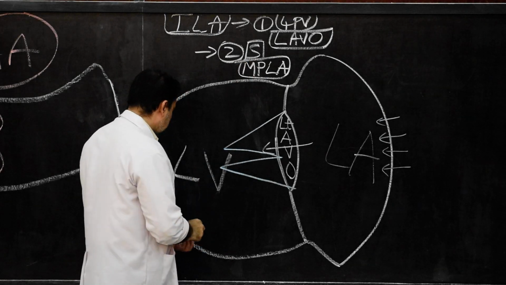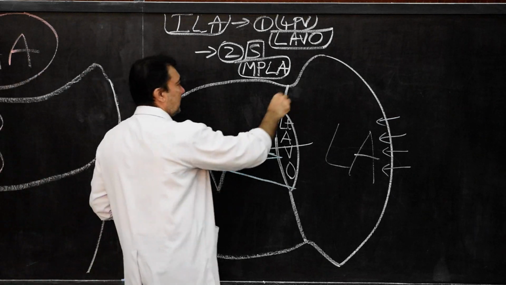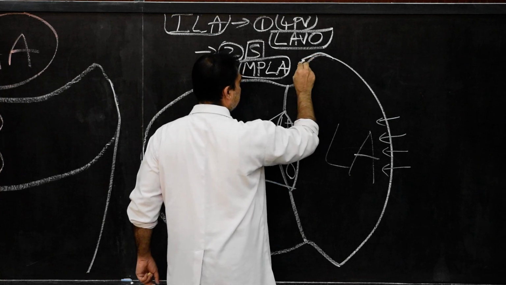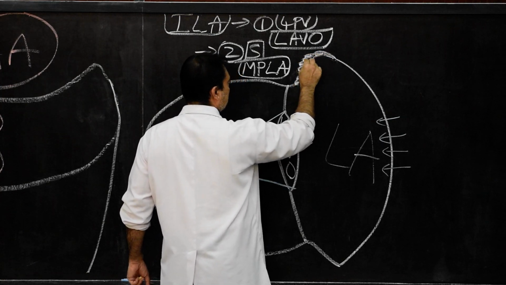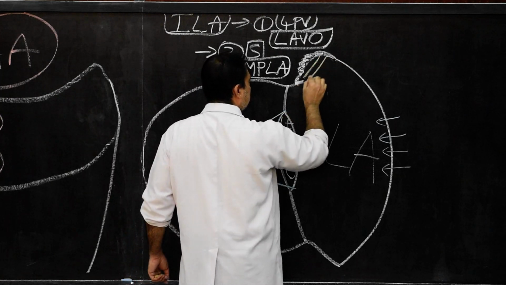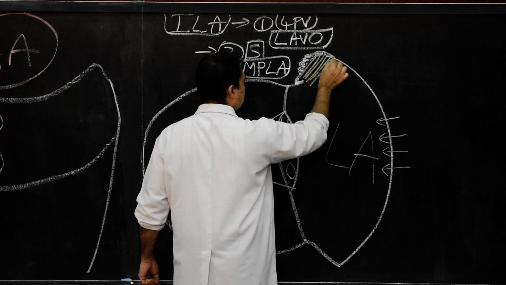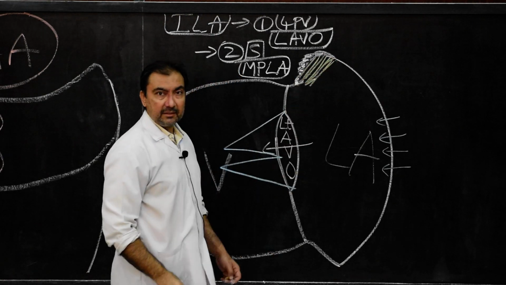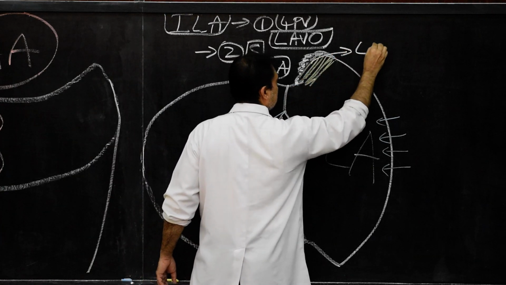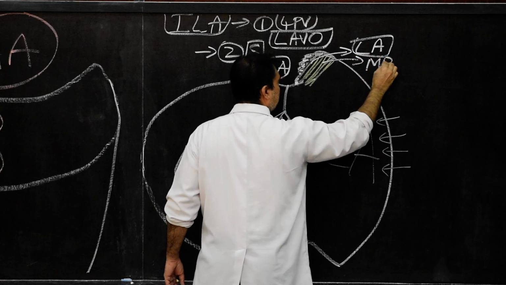So, supposing I would like to show in this diagram the presence of musculi pectinati, then over here I can show that this is the left auricle, and within this there will be so many musculi pectinati. So here I can mark this as the left auricle and the presence of musculi pectinati.